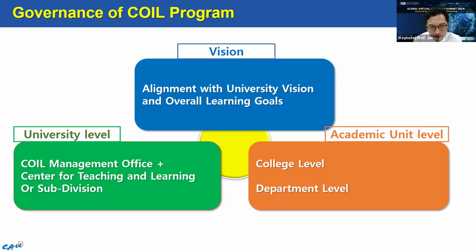So in that case, we can have a subdivision, but at least we should have a responsible person for this at the university level. And more desirably, not just at the university level but at the academic unit level. We also need the college to have some officers for the COIL module, and also at the department level, there should be a champion of the COIL programs.